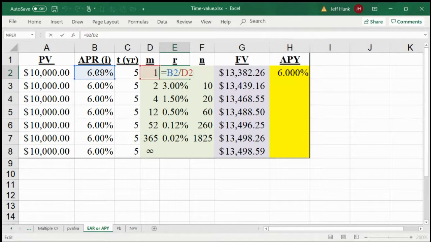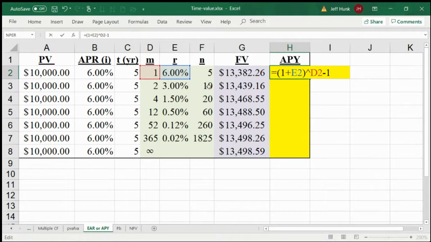What I'm saying is, open parenthesis, you do this, and then minus 1, right?